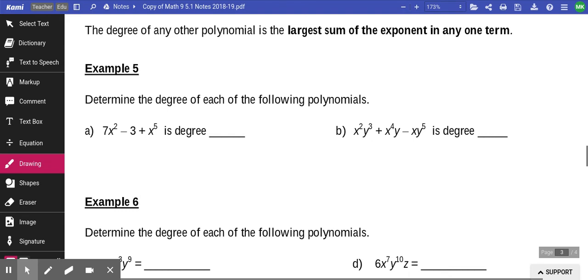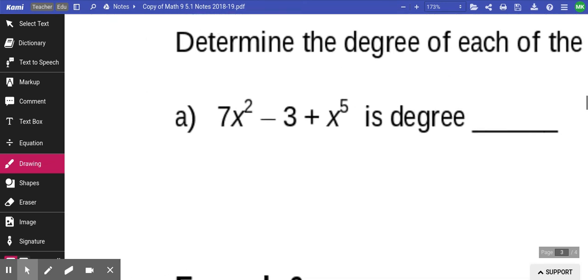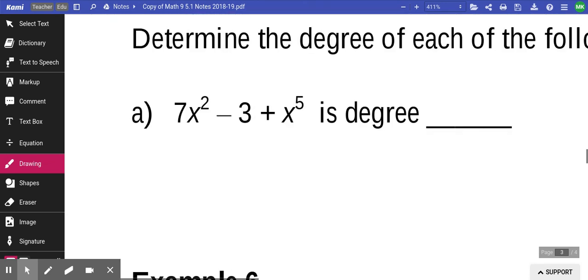Okay, example 5. We got a couple more polynomials. We want to try to figure out the degree of those polynomials. The degree is the highest addition for each term. So for instance, if you look at this first one, each term has a different degree.